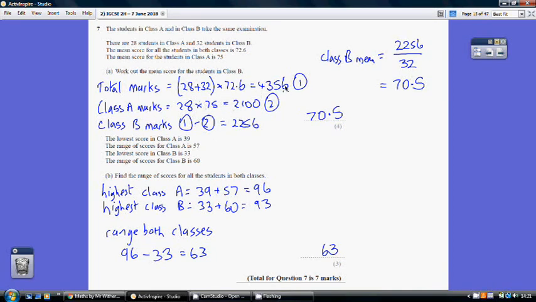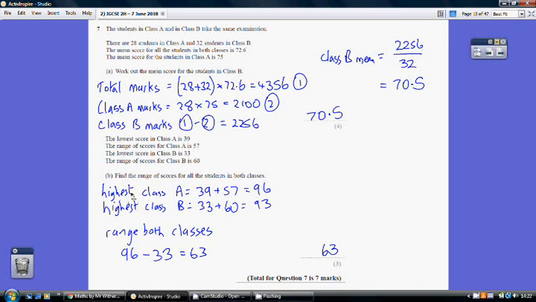So 4356 is the total marks of Class A and B together, 2100 is the marks of Class A on its own, so the Class B marks must be the difference. 4356 take away 2100 gives us the total marks achieved by the Class B pupils of 2256. Divide that by the 32 students in Class B, gives them a mean average of 70.5.